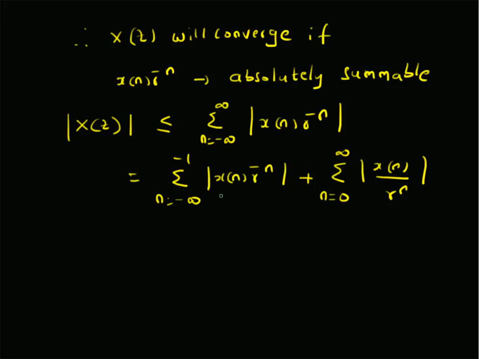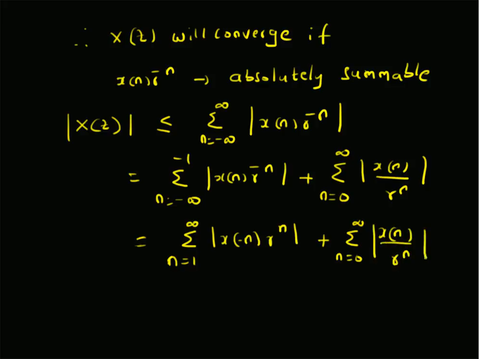Now this can be rewritten by simply changing the variable, as the summation n equal to 1 to infinity absolute value of x of minus n into r power n, plus the summation from n equal to 0 to infinity absolute value of x of n over r power n.